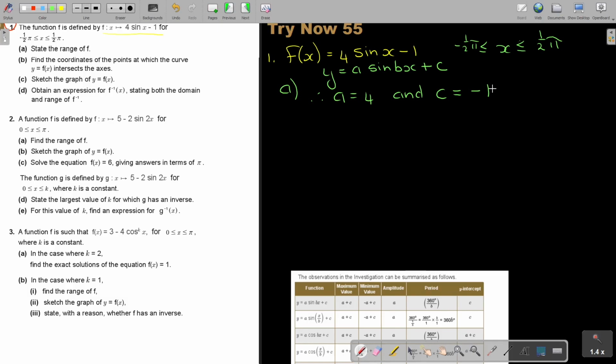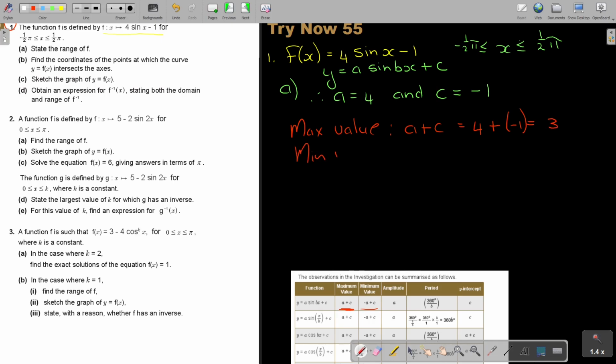Now I go on. I know that the maximum value, and what was the maximum value of the sin? Oh, sorry, let me just see. That's the minimum value. The maximum value is A plus C. So A plus C is going to be 4 plus negative 1, so that is going to be 3.